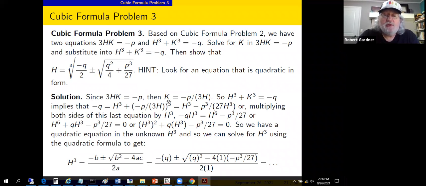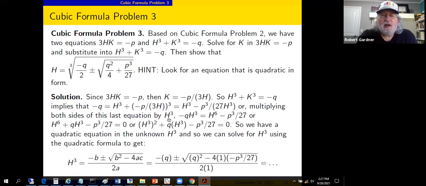So we'll substitute for k this quantity, giving us negative q equals h cubed plus k cubed, where k takes on this value. Not riveting stuff, but the algebra is going to work out. Do the cubing. This will become negative p cubed. Denominator will become 3 cubed times h cubed. It's 27h cubed. Produces this.